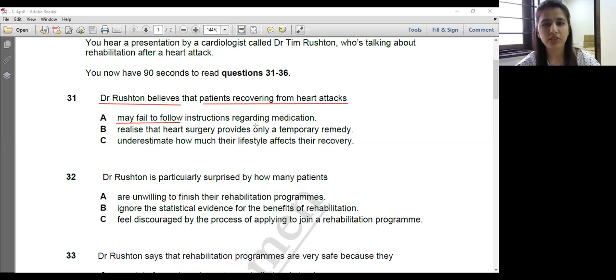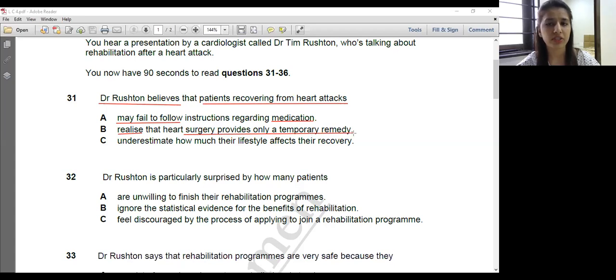Instructions about what? Medication. So my keyword here is may fail to follow medications. Realize, that means they do acknowledge the fact that heart surgery provides only a temporary remedy.